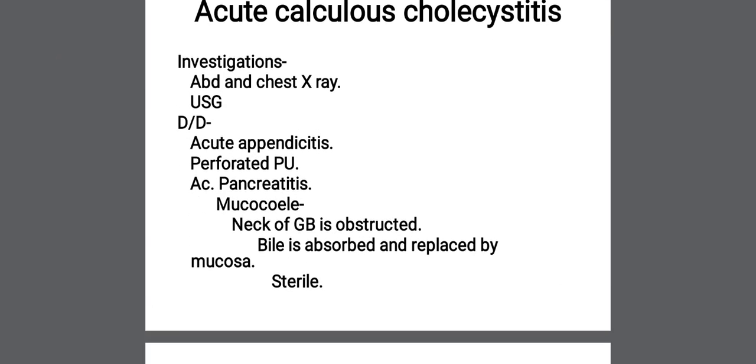The investigations that have to be done in acute calculus cholecystitis are abdominal and chest X-ray to rule out other causes. Then the radiopaque stones can be seen through the X-rays.